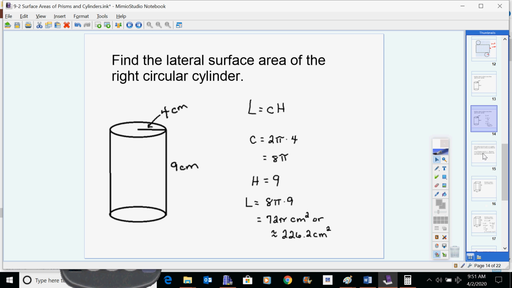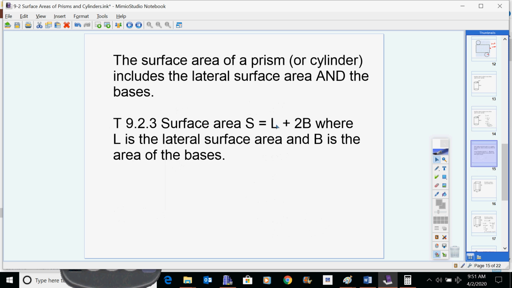All right, so once again, you're really just dealing with a rectangle here, but it's what are the pieces of the rectangle? Now, when it just says the surface area, it doesn't just include the lateral part. It includes the lateral part plus those top and bottom pieces.